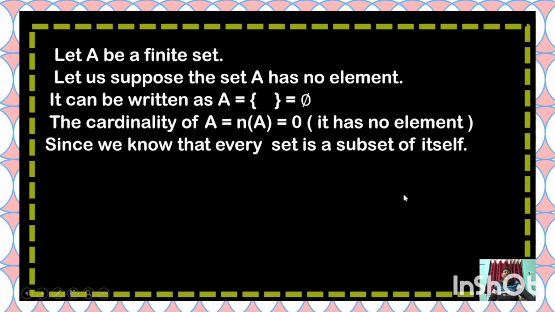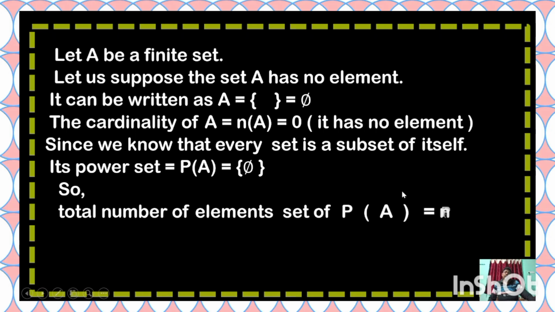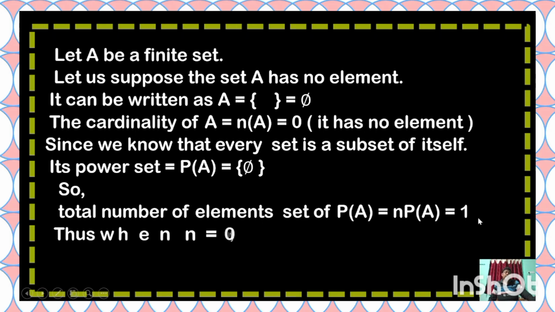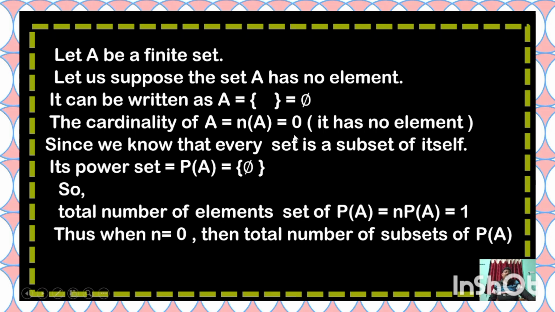Since we know that every set is a subset of itself, its power set of A is written as the null set, including the curly brackets. And students know whatever is written within the curly brackets is an element. So here phi is an element. So the power set of A has one element. So the total number of elements of the power set of A, which is n of P(A), is 1. Thus you get that when the set A has no element, it means the number of elements is 0.